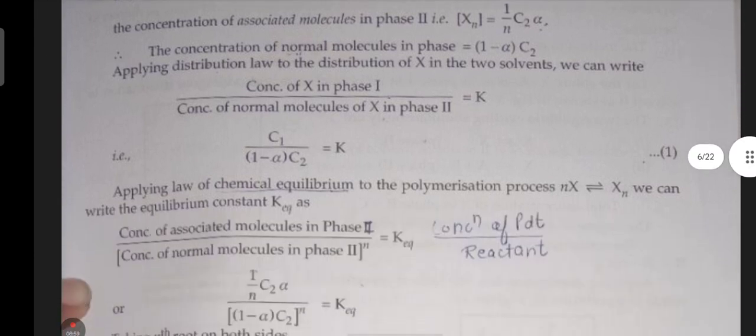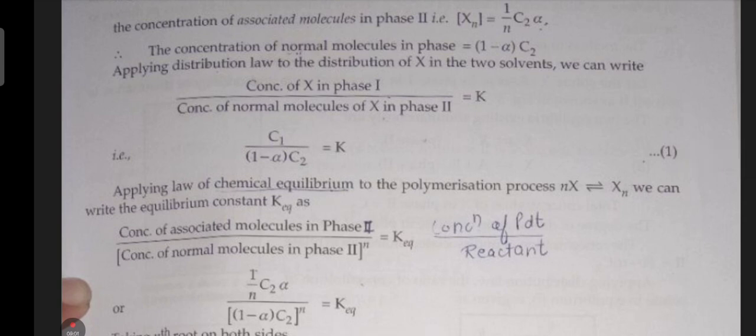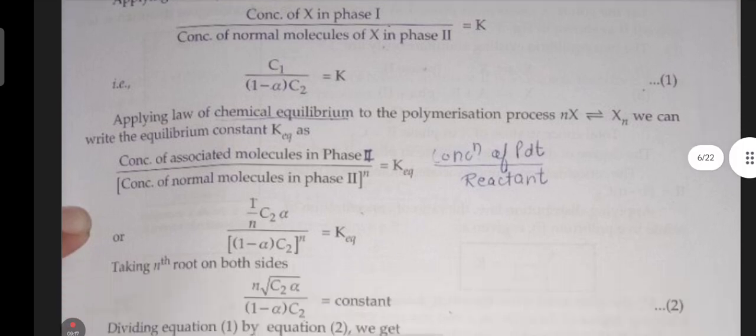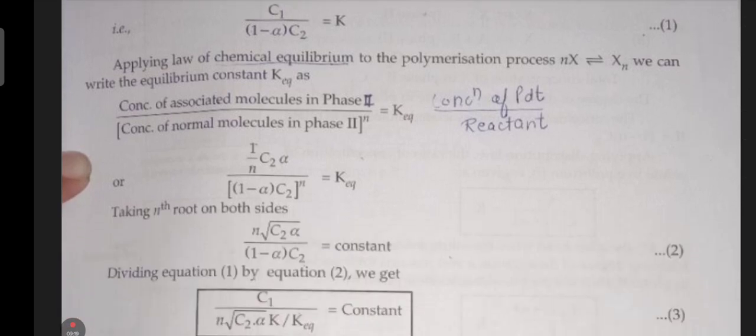Applying the chemical equilibrium to the polymerization process, we can write the equilibrium constant. We can say concentration of associated molecules in phase 2 upon concentration of normal molecules in phase 2 is equal to K equilibrium.